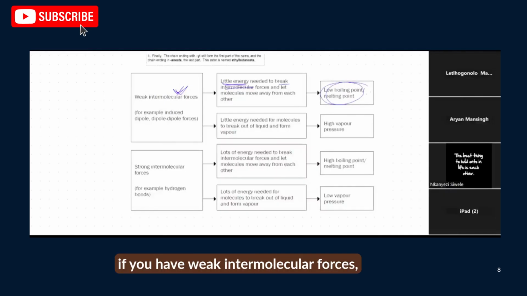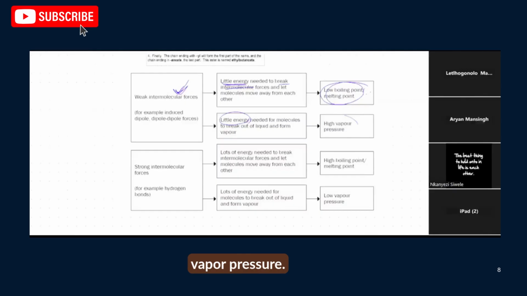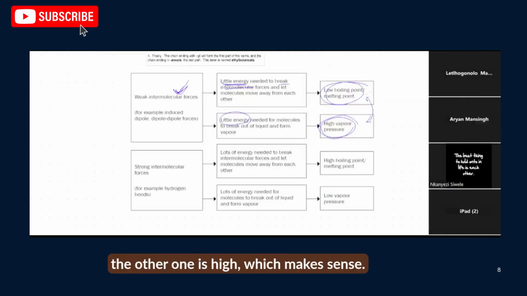And if you have weak intermolecular forces, because you require little energy in order for the molecules to break away from the liquid and form vapor, then a lot of it will form vapor. And that's why you're going to have a high vapor pressure. So you can see that these two are inversely proportional. When one is low, the other one is high, which makes sense. If you require little energy, then a lot of it is going to evaporate, forming that vapor pressure.